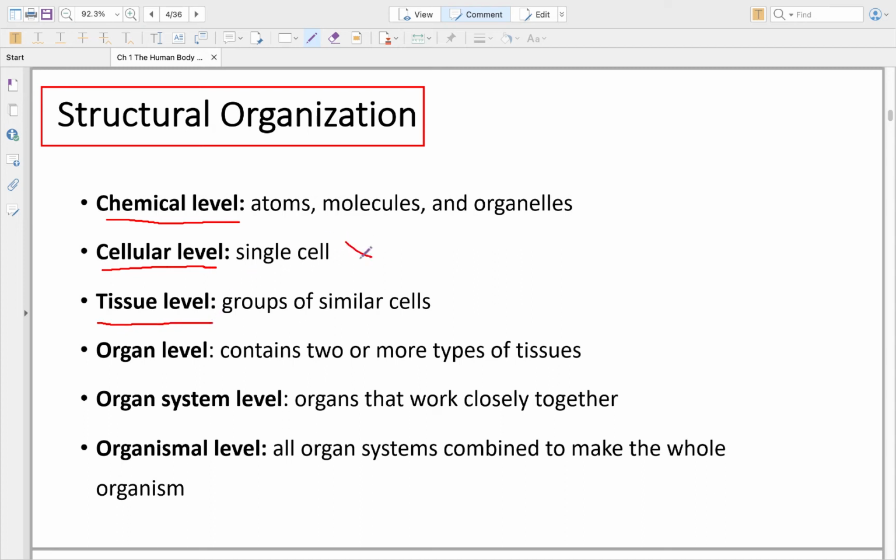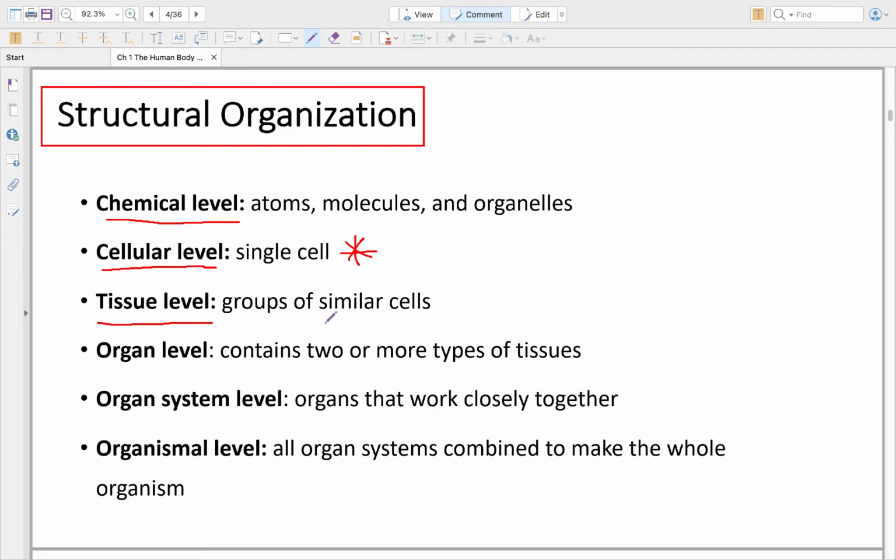So really quick, a cell. A single cell is the fundamental unit of life, meaning that we can have life at a unicellular level. Okay, we need cells to build up our tissue. So basically what tissue is, it's very simple.